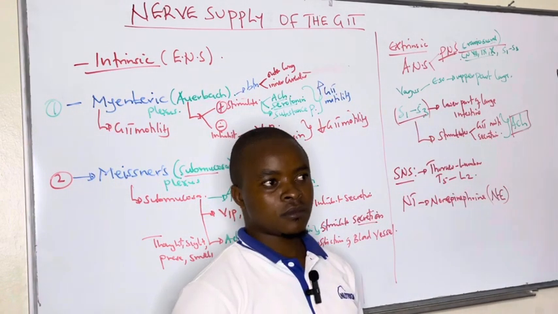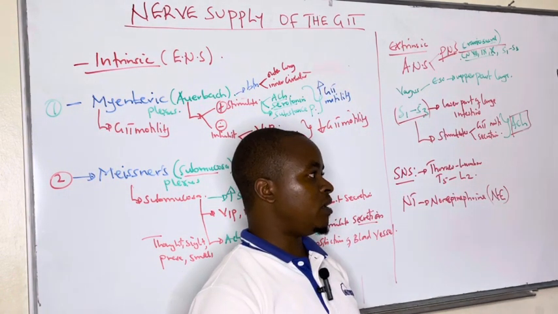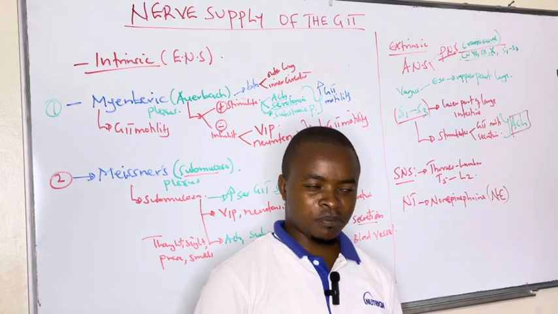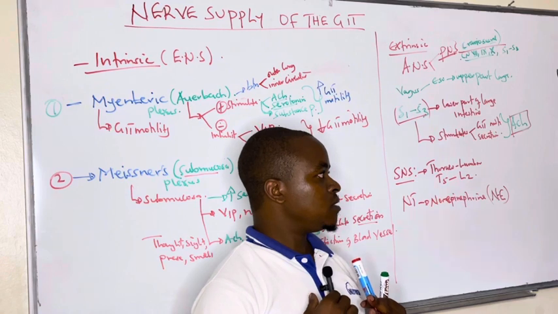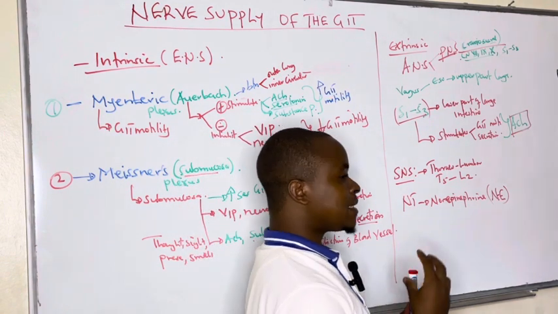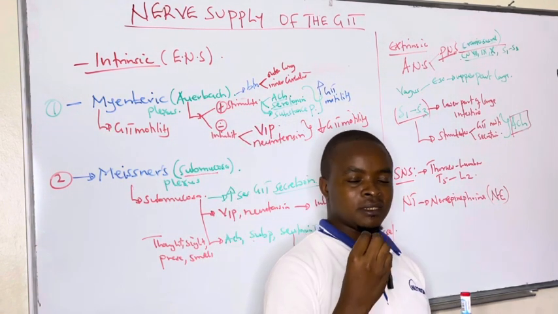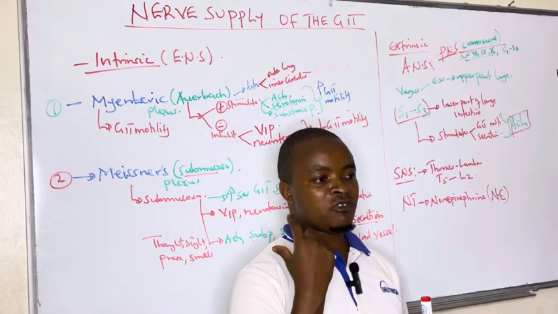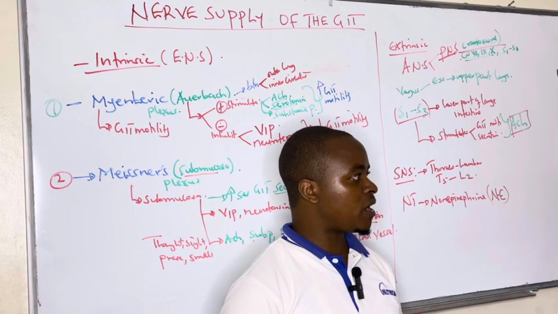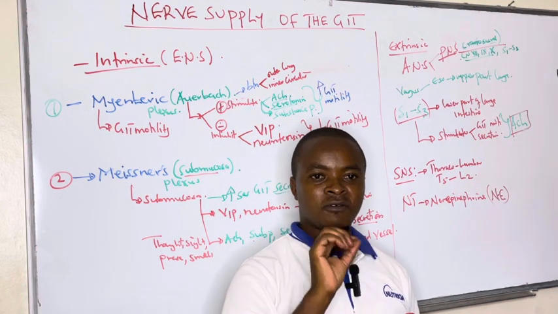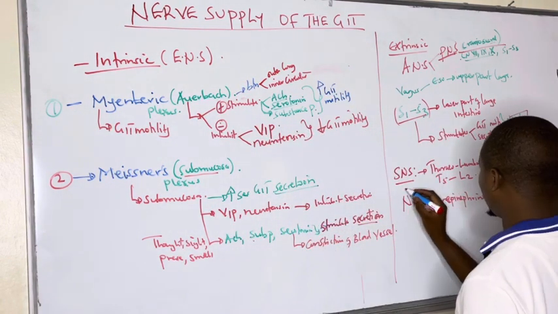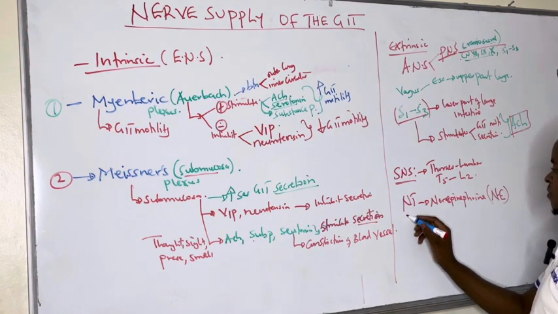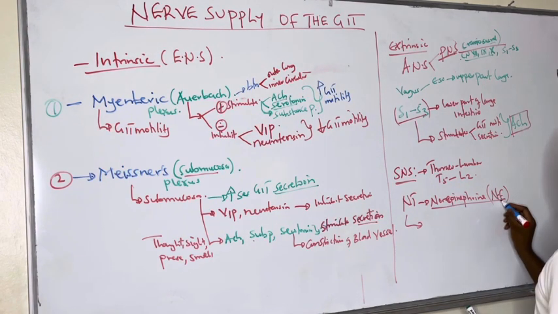Whenever we are stressed, whenever we are not thinking of food or smelling food, the sensory receptors send impulses to the medulla in the brainstem, and it sends impulses via the motor neuron, which from the sympathetic nervous system produces the neurotransmitter norepinephrine.